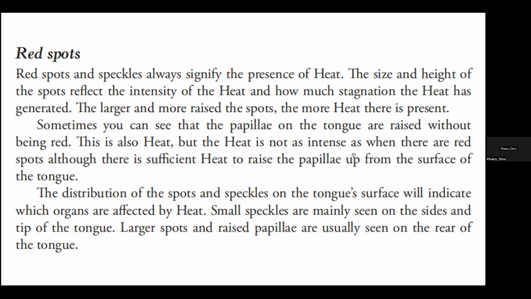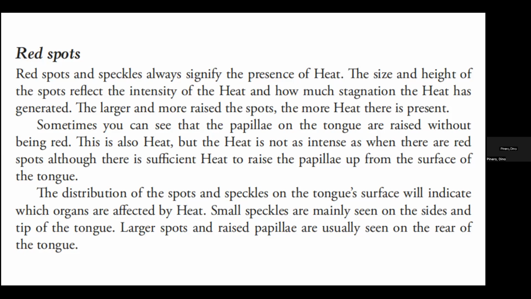Yung distribution of the spots and speckles on the tongue surface will indicate the organ affected by heat. Small speckles are mainly seen on the sides and tip of the tongue. So pwede natin i-observe sa tongue natin kung meron tayo nitong mga speckles or red spots na usually makikita natin sa may sides or sa tip ng tongue.